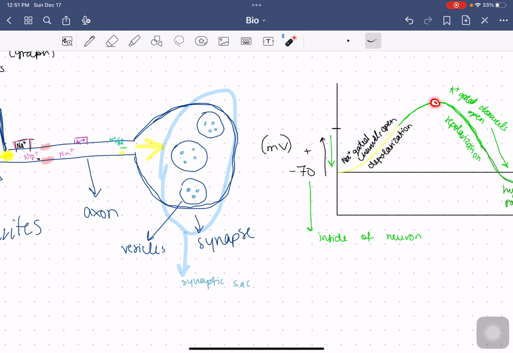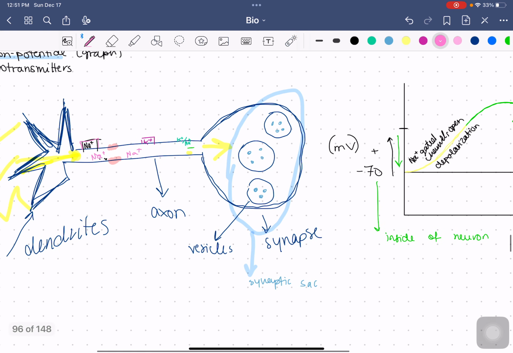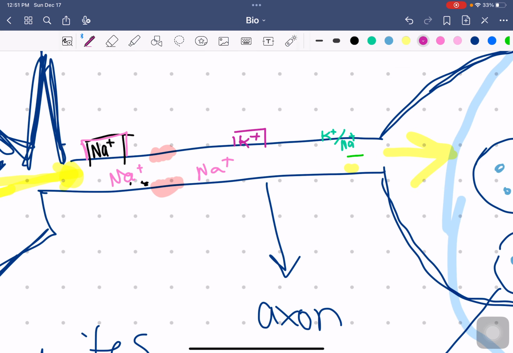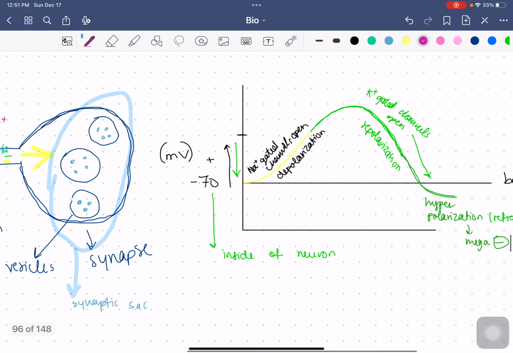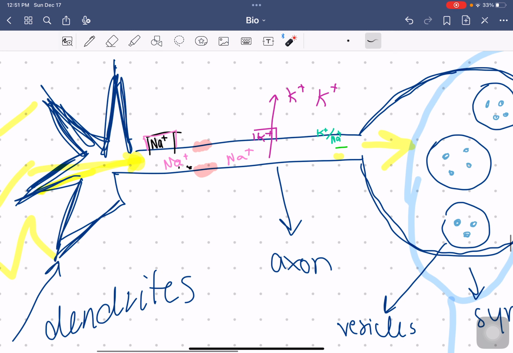Then we got to the peak over here and started going down because the potassium gated channels opened. So our potassium went from inside to outside, and we have a bunch of potassium out here. After that, we got to a phase of hyperpolarization down here. But look, the distribution of ions is not like when we started. Although we could be going back to baseline, we don't have the right ions.